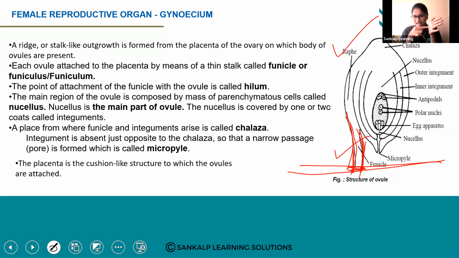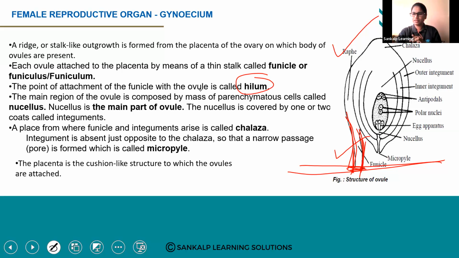The point of attachment of the funicle of the ovule to the placenta, we will call it the hilum, right? The main region of the ovule is composed of a mass of parenchymatous cells called the nucellus.